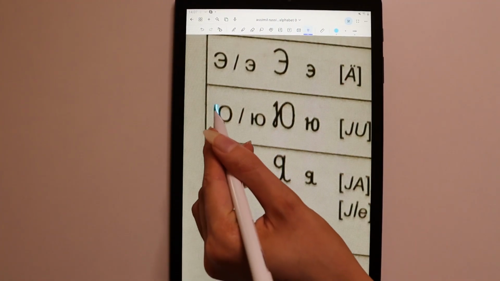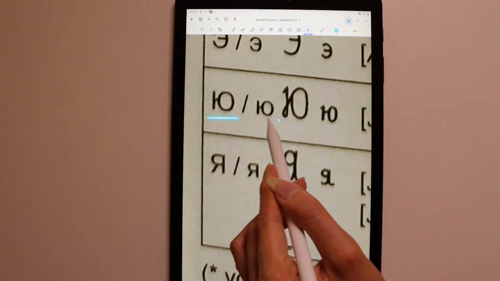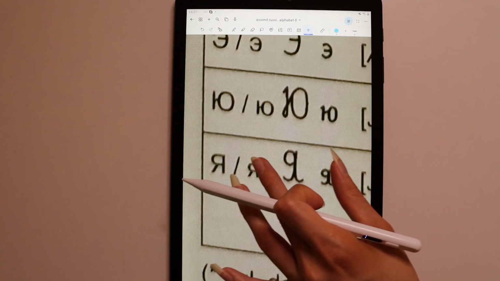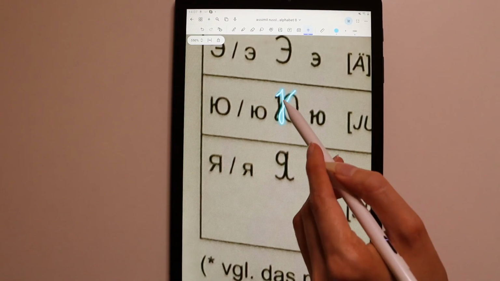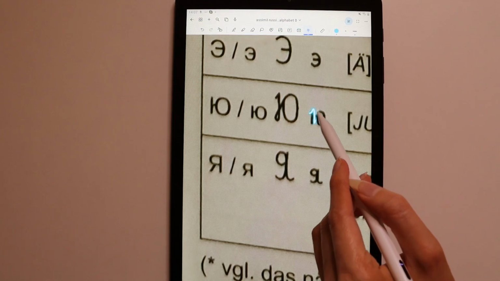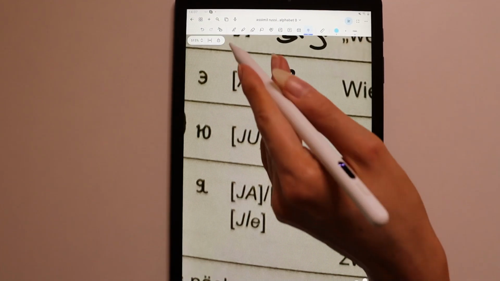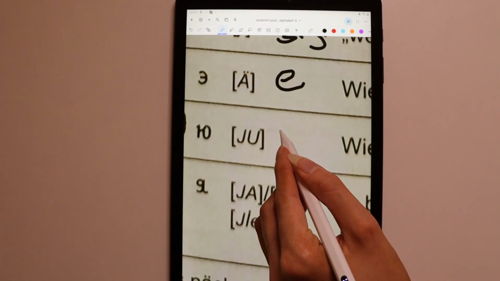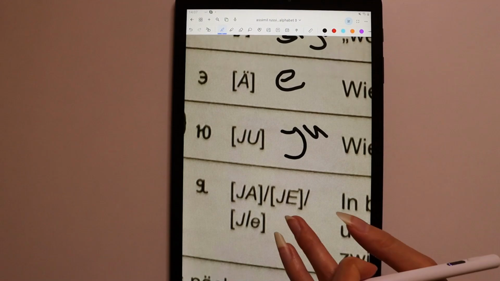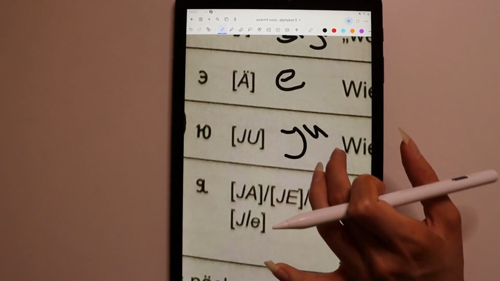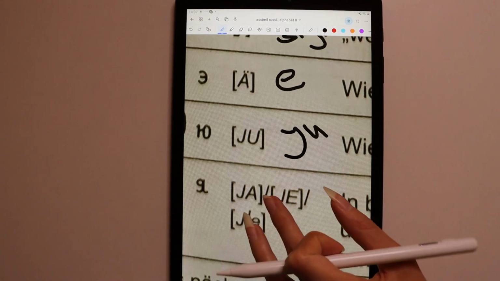The U. Again, both forms look the same, but the lowercase letter is slightly smaller. And also the cursive forms, you can kind of see the similarity. It's like a U as in university as an example.